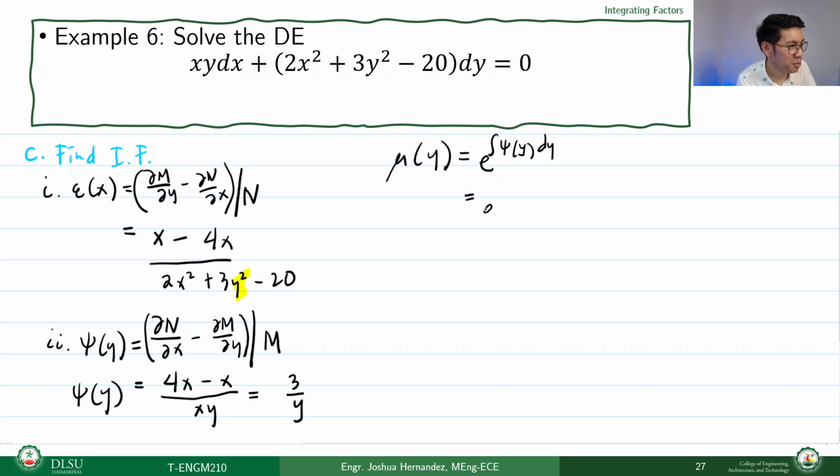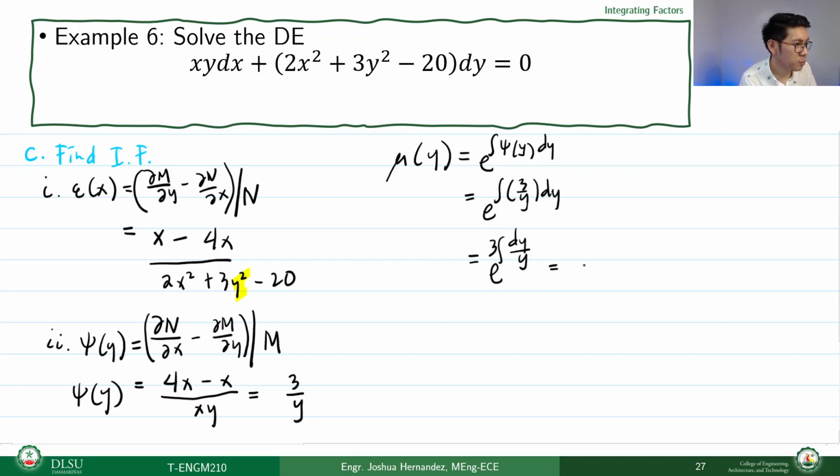E raised to integral of 3 over y dy. So, expanding this further will give us, sayang yung space. Sige, dito na lang. E raised to the integral of, factor out natin si 3, dy over y. Sensya na, pangit ng y ko po.